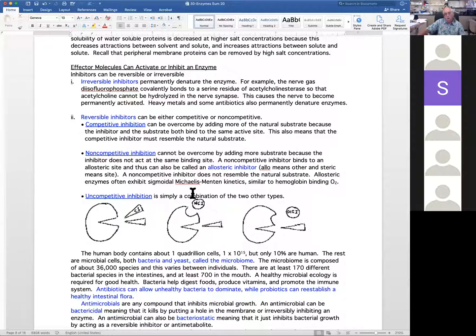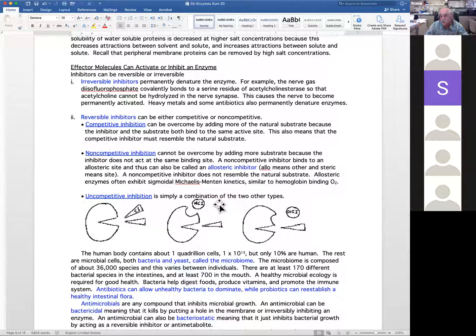So say this non-competitive inhibitor over here happened to be a molecule of ADP. So how is the concentration of ADP in the cell regulated?